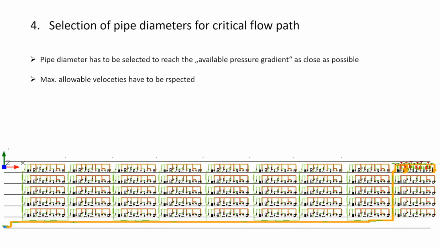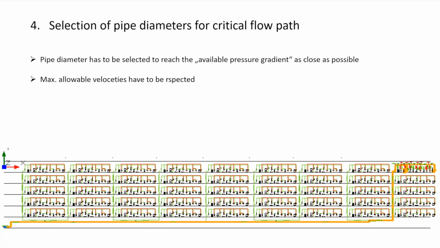Based on that result, I'm sizing my pipe work from the house inlet to the fixture at the end of the critical flow path. So that's determining my pipe size. And then, of course, as I said, the maximum allowable velocities have to be respected. After that, I'm doing that for every flow path.